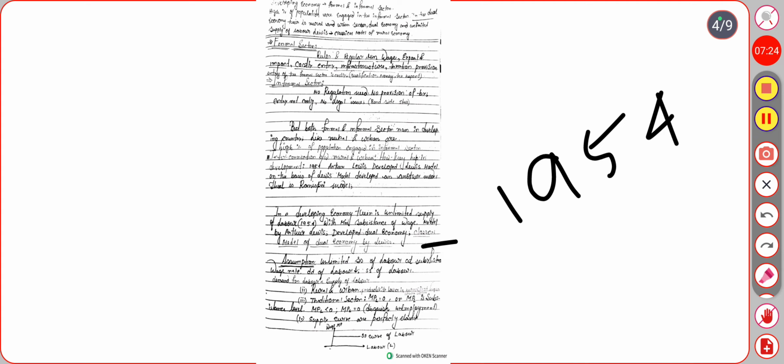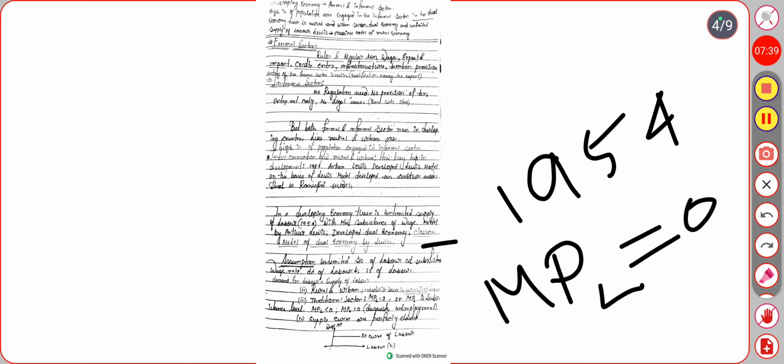There are some assumptions in the Lewis model. The marginal productivity of labor is equal to zero. That is disguised unemployment. Many people are disguised unemployed in the less developed countries.